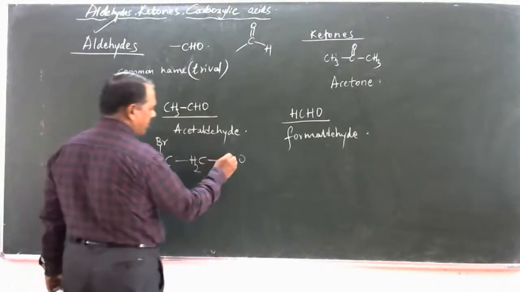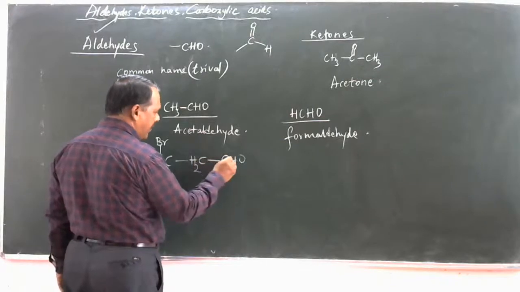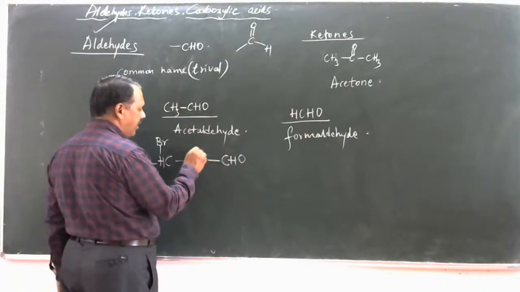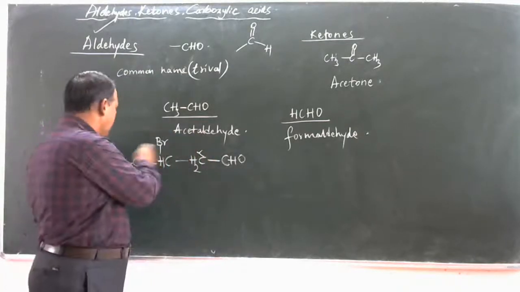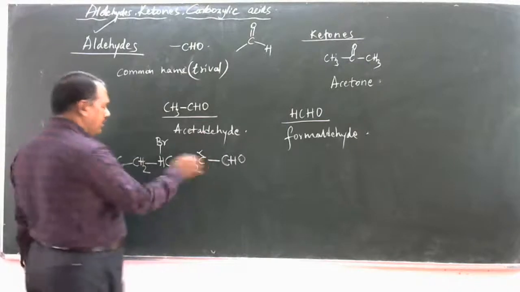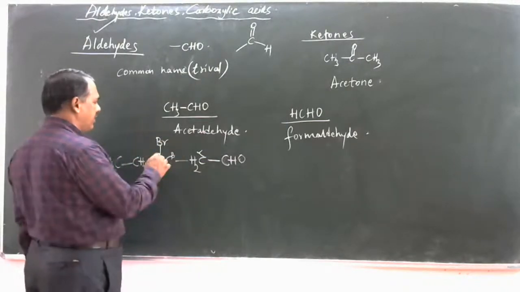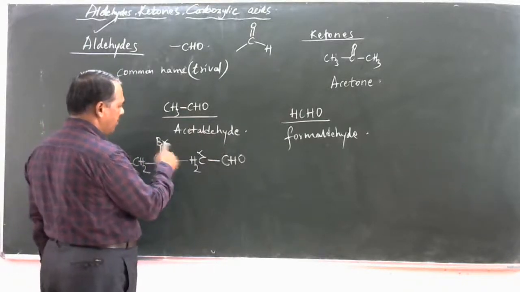See, this carbon atom where the aldehyde group is attached, we will call this alpha carbon, and like that, beta, gamma. So in the common name nomenclature, we can write beta-bromo.